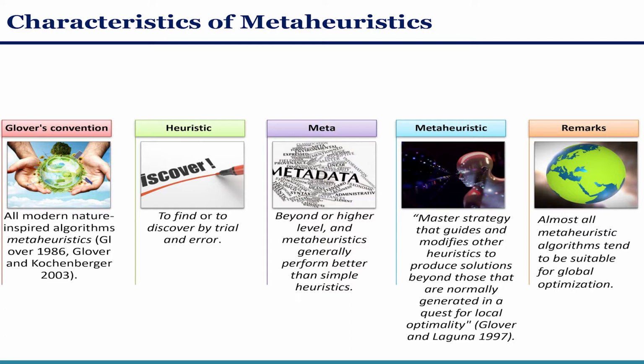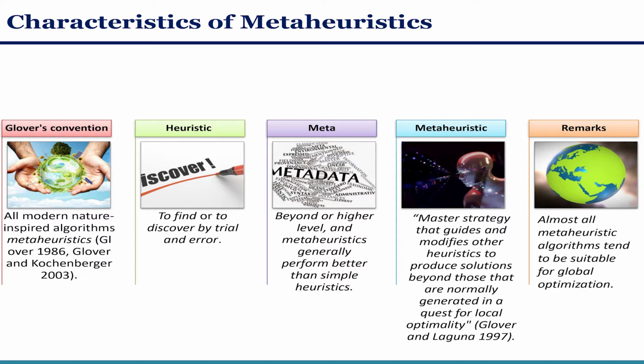A metaheuristic is a master strategy that guides and modifies other heuristics to produce solutions beyond those normally generated in the quest for local optimality. This was mentioned by Glover in the conventions of 1997.